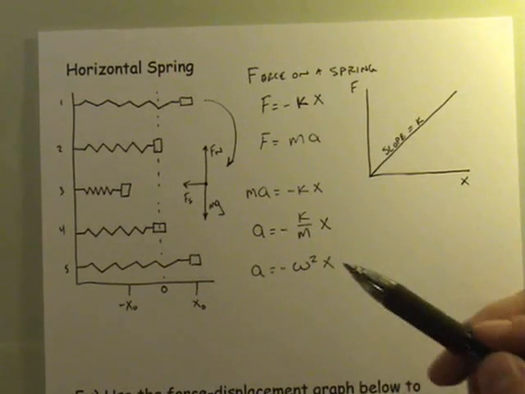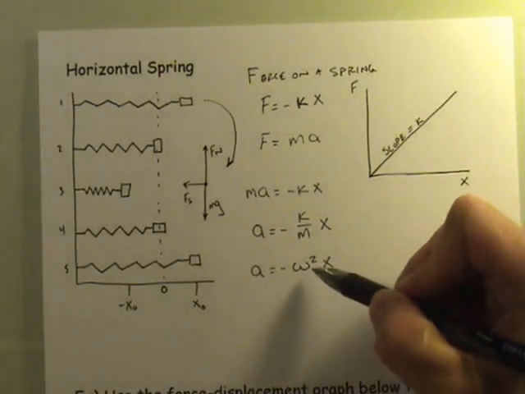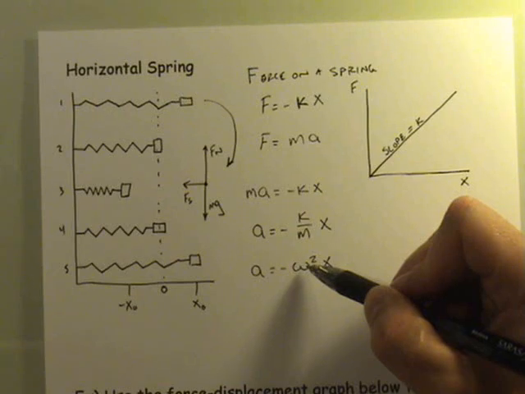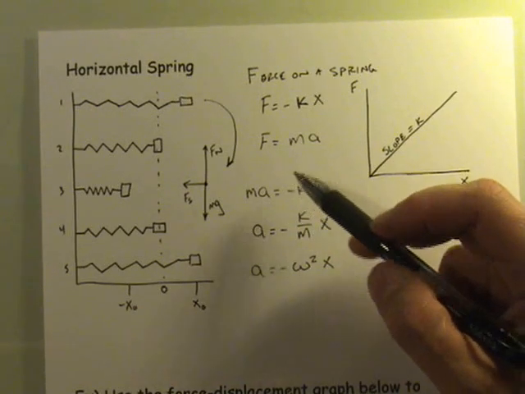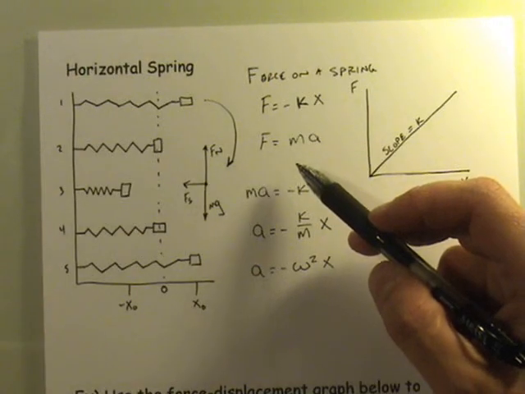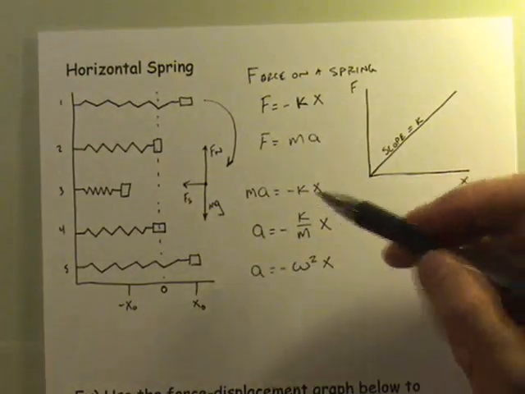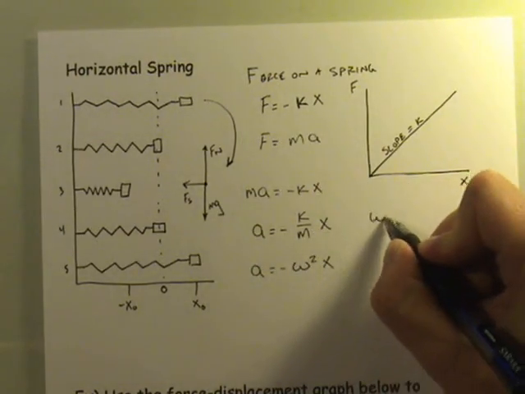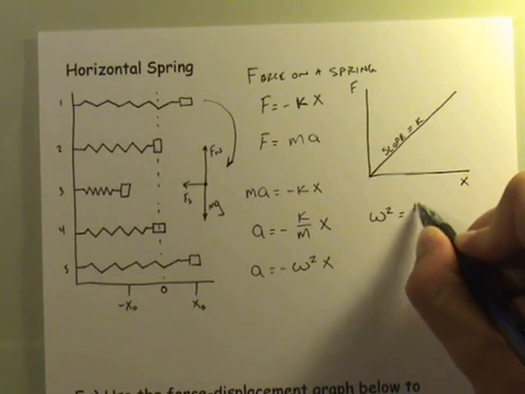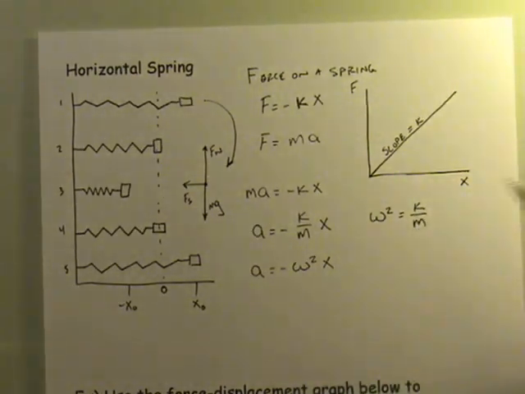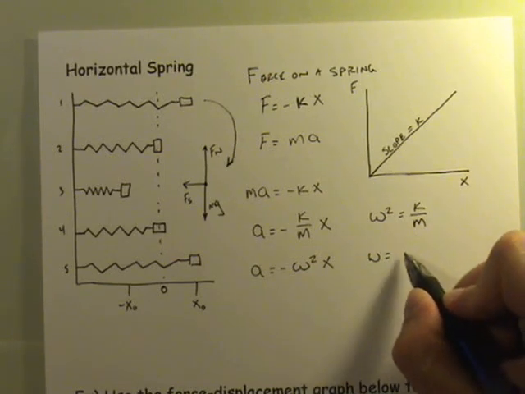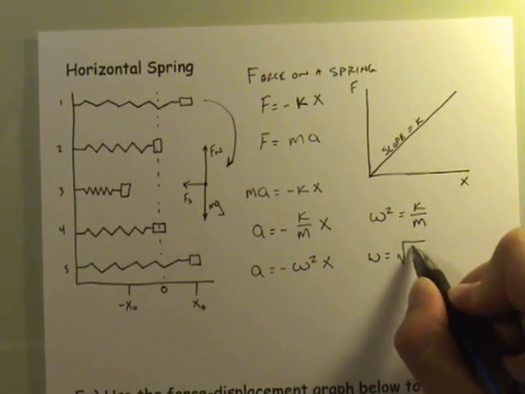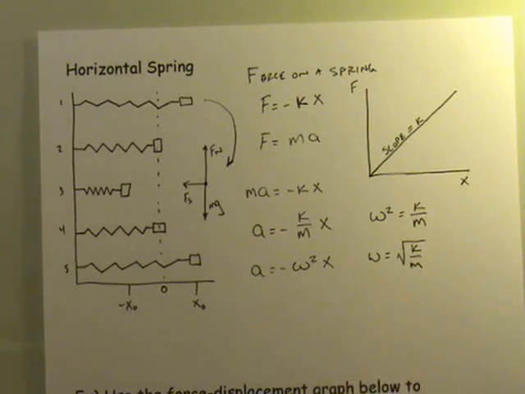And this is where I was saying before that the omega squared value is going to be something that you can derive based on the specific forces that are acting on that particular simple harmonic oscillator. So in the case of the spring, it turns out that omega squared is equal to k over m, or omega is equal to the square root of k over m.